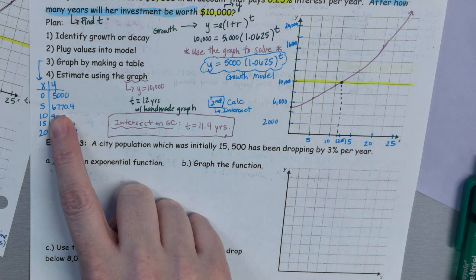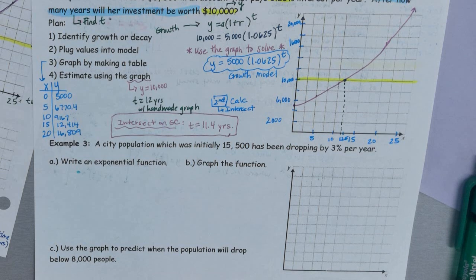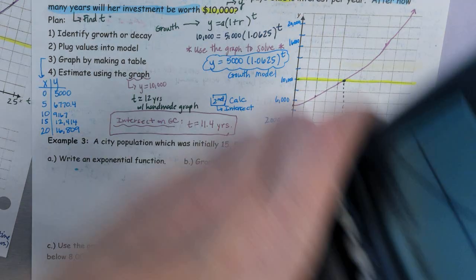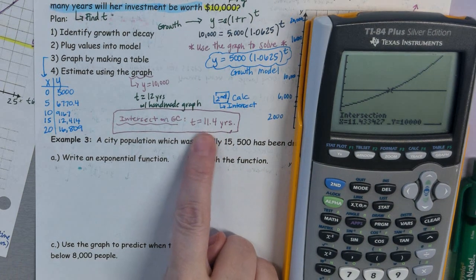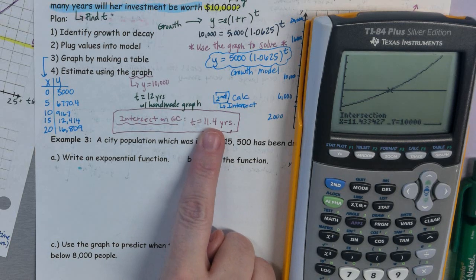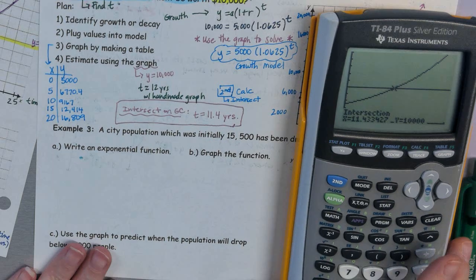It's going to be nearly impossible for me to do that by hand when I'm going by 2000s. Do you guys understand that part of it? Okay, so that's why we do want to use this, and when you're checking your answers in the back, you are going to want to be as close as possible.